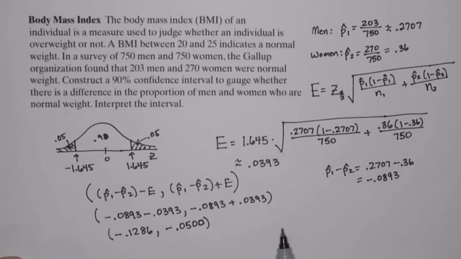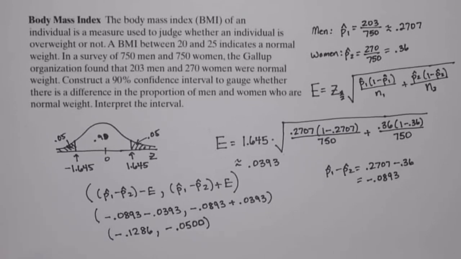So we found our confidence interval for the difference between the proportion of men and women who are normal weight. And so we have found that that is between negative 0.1286 and negative 0.0500. So we are 90% confident that the true difference in the proportion of men and women who are normal weight is somewhere between negative 0.1286 and negative 0.0500.